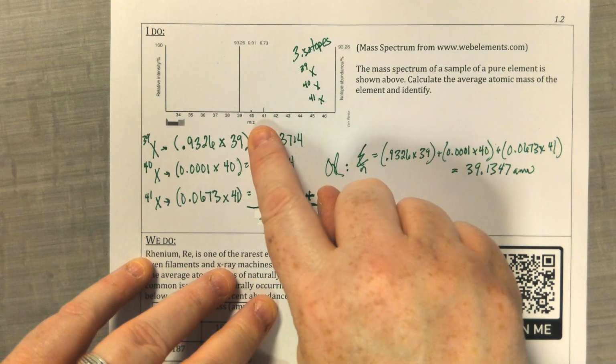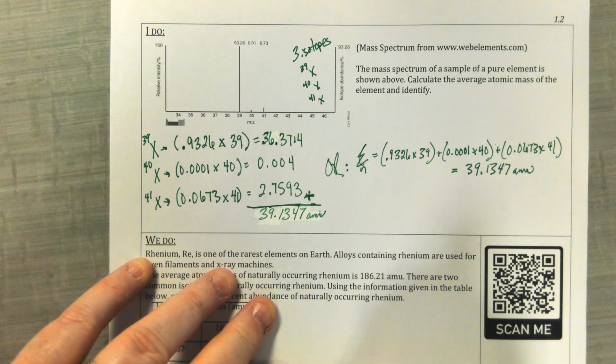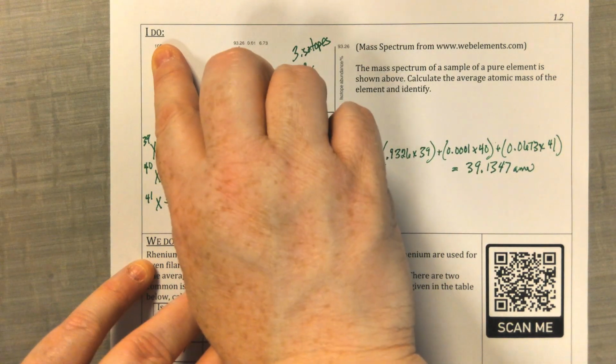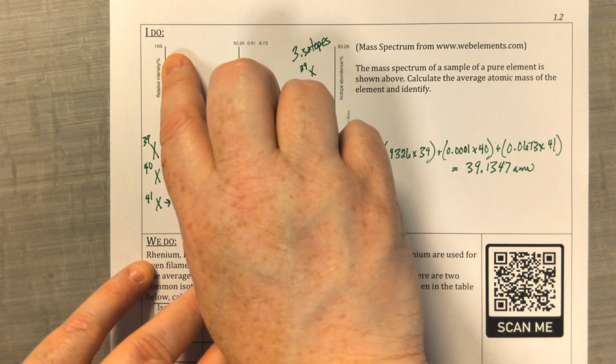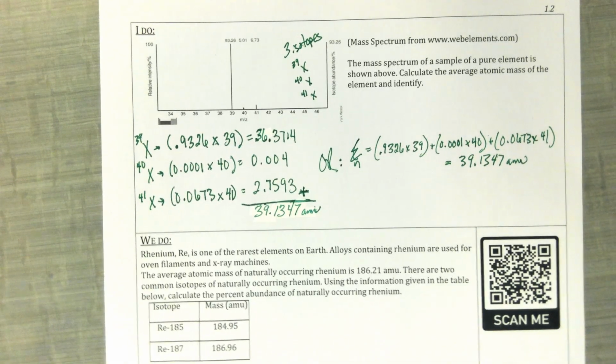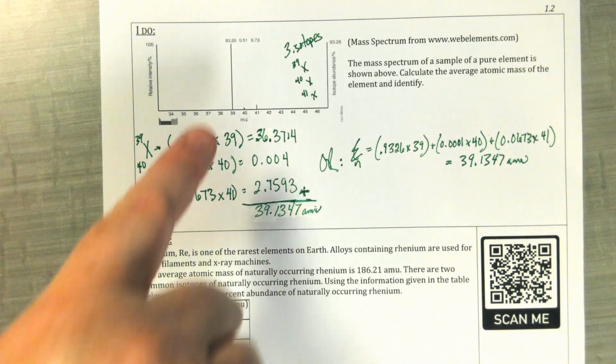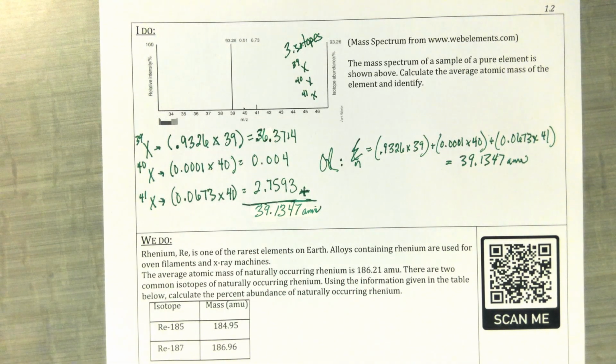This has m/z. That still means the mass number. And then we have relative abundance. There are no individual tick marks here. It just goes from 0 to 100. So on this particular data table or graph, it has the individual percents at the top of the line.